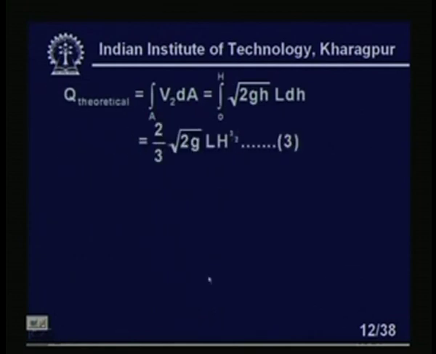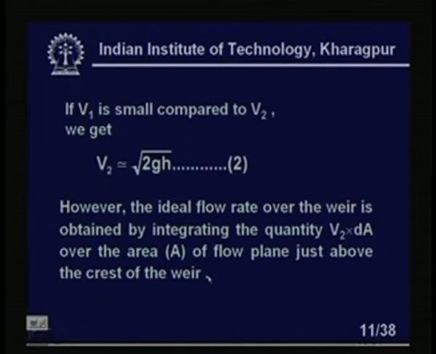Now theoretically, the ideal flow rate over the weir is obtained by integrating V 2 into dA, the velocity at the crest multiplied by dA. dA is a small section at height h from the top, of width dH. So, dH into L will be the dA over the area A of the flow plane just above the crest of the weir.